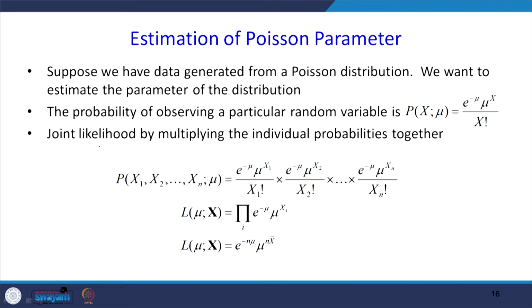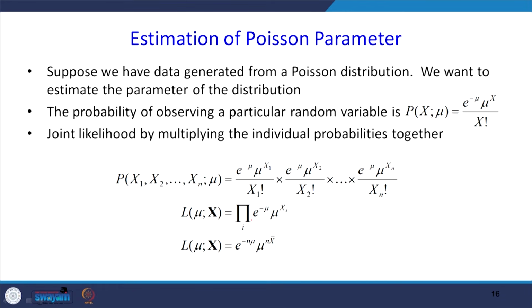So, the first step is to find the joint probability function. So, e power minus mu, mu to the power x1 divided by x1 factorial, multiplied by e power minus mu, mu to the power x2 divided by x2 factorial, and so on, multiplied by e power minus mu, mu to the power xn divided by xn factorial.